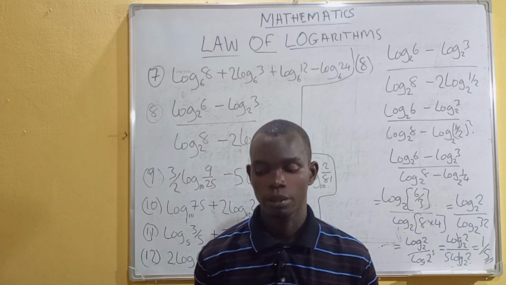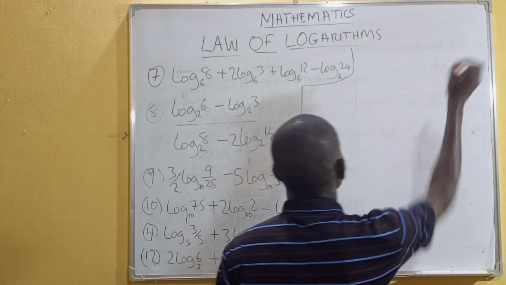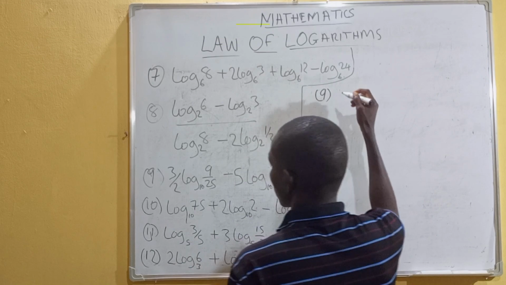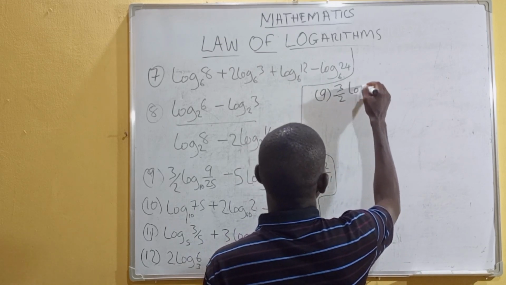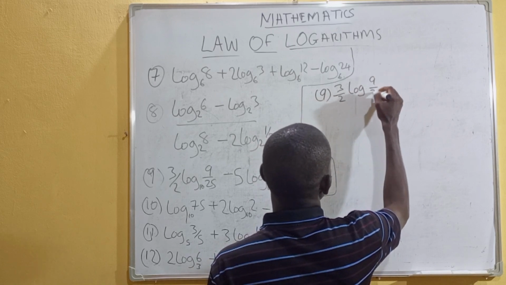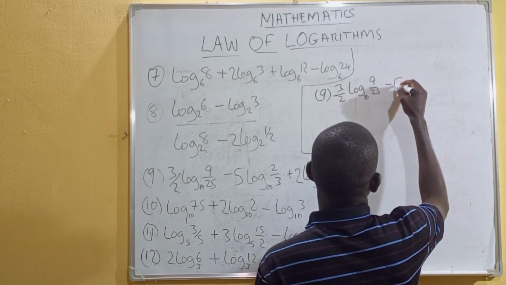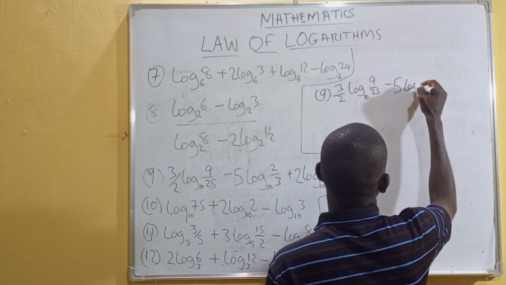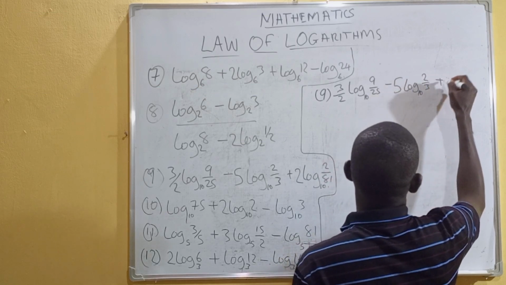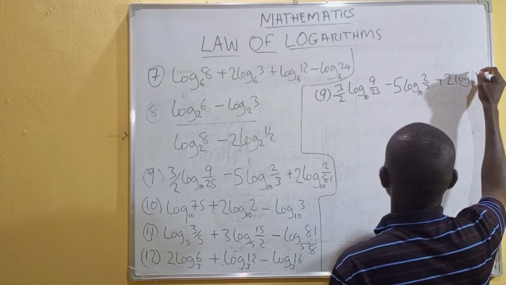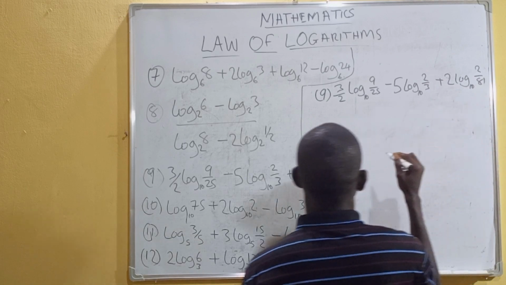Let's solve question 9. We have 3 over 2 log 9 over 25 base 10 minus 5 times log 2 over 3 base 10 plus 2 log 2 over 81 of base 10.